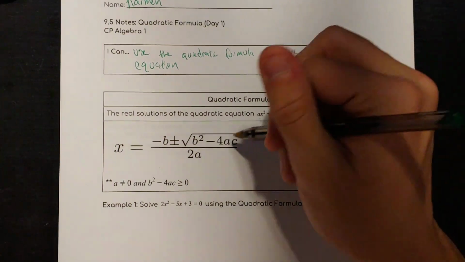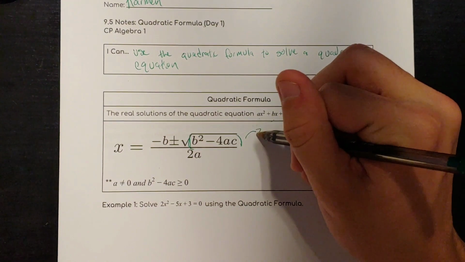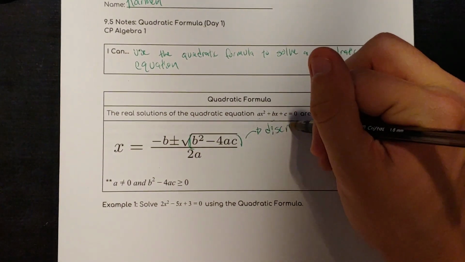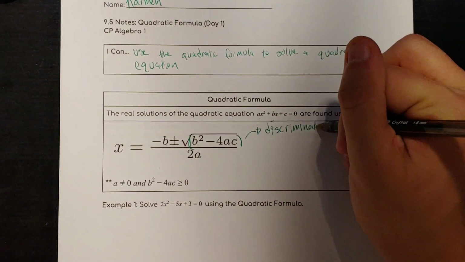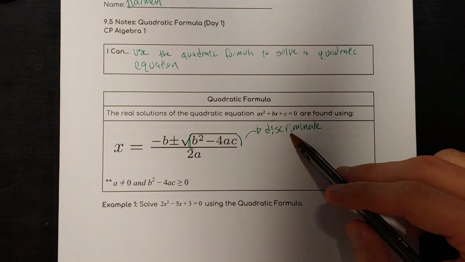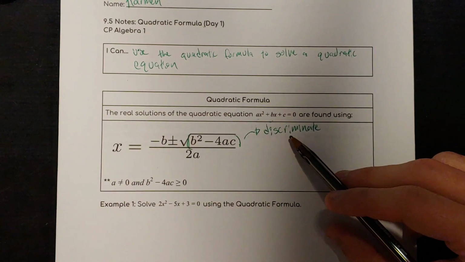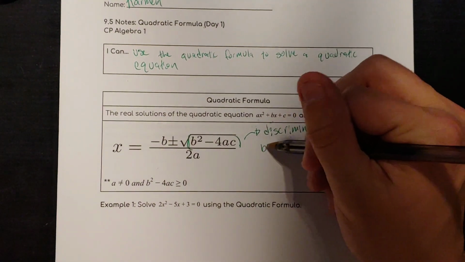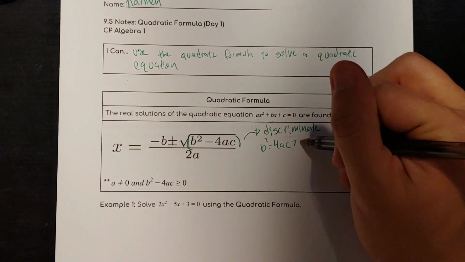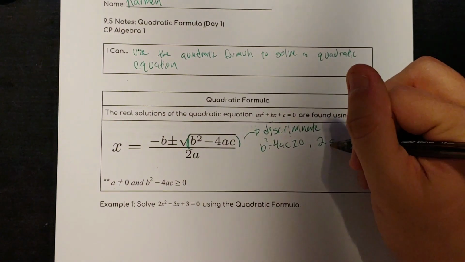This part right here, you don't necessarily need to know the name of, but this is called a discriminant. We won't work much with it this year. The discriminant kind of lets you know what kind of solutions you have. If b squared minus 4ac is greater than 0, then you have two solutions.